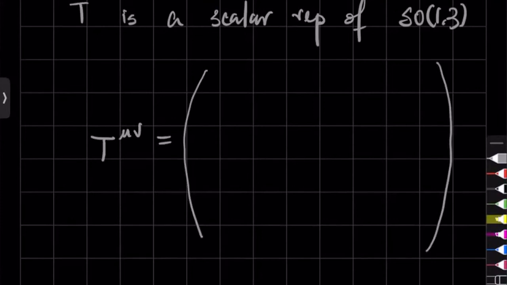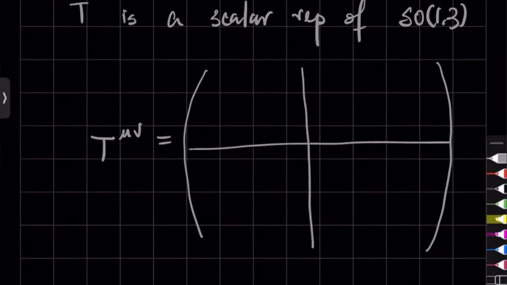where, let's just call this E1, E2, E3. I'm just giving them random names.